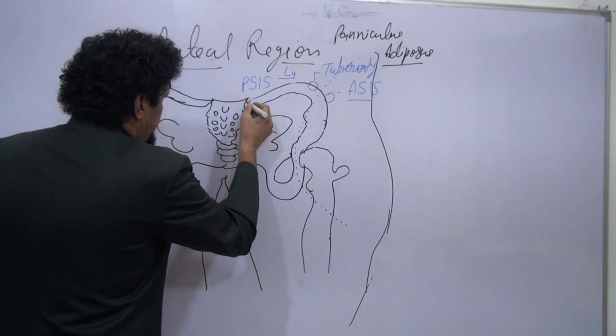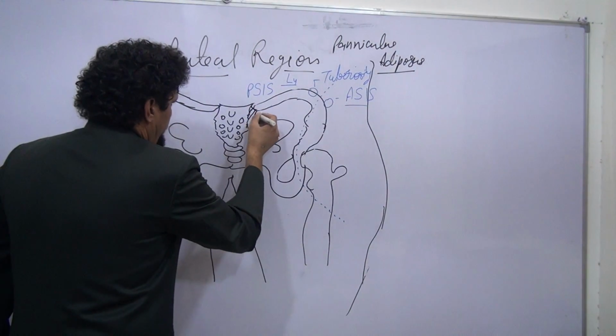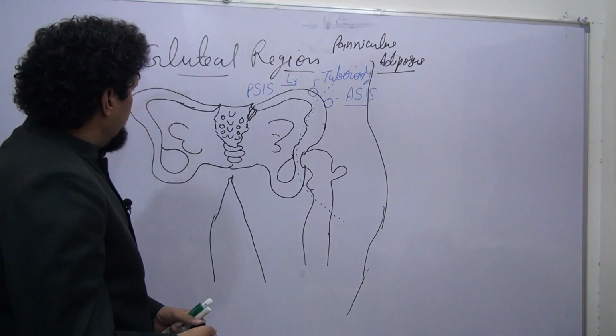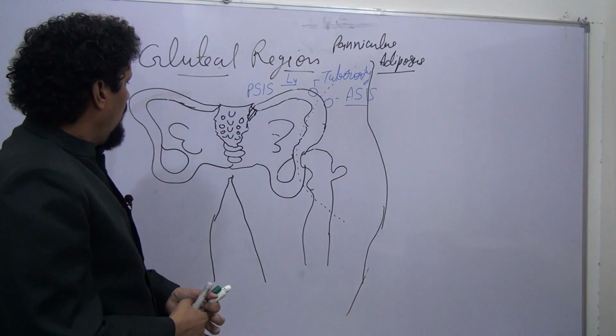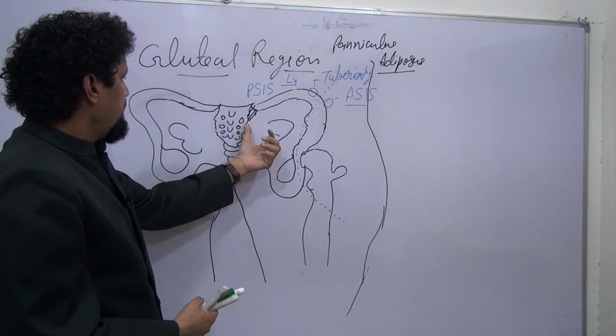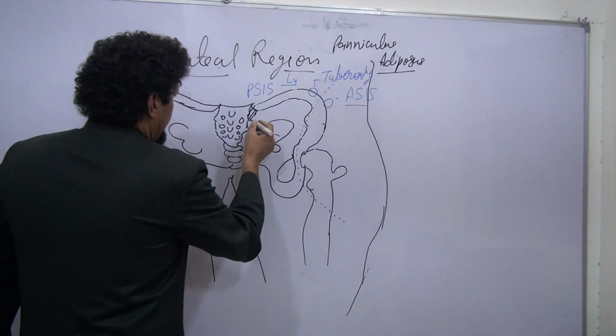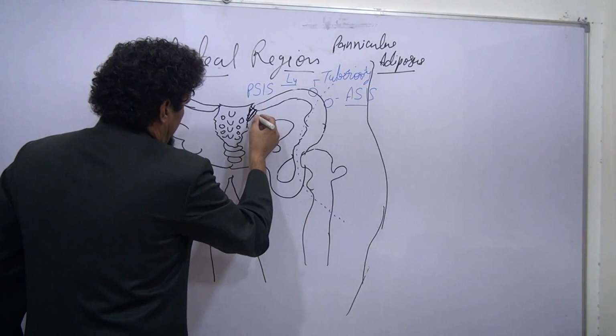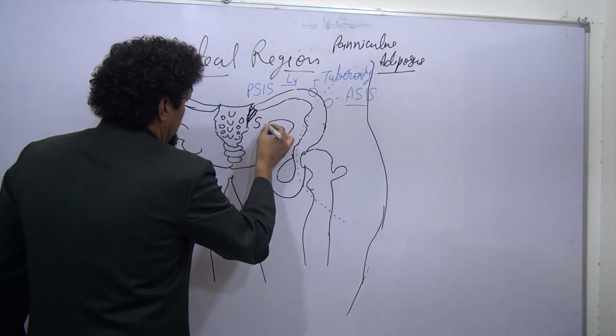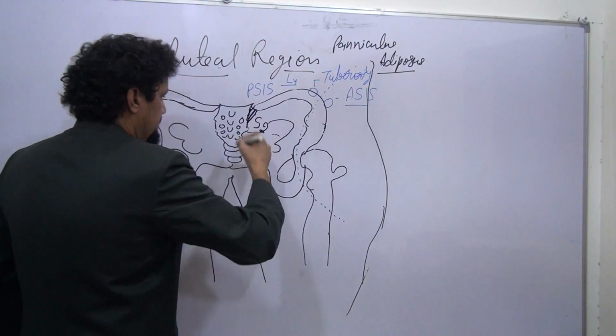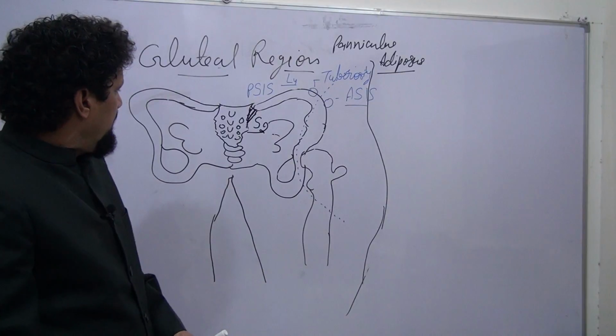The posterior superior iliac spine can be traced by two dimples on two sides of the median plane, and the level of this posterior superior iliac spine is the S2 level, that is second sacral spinal level.